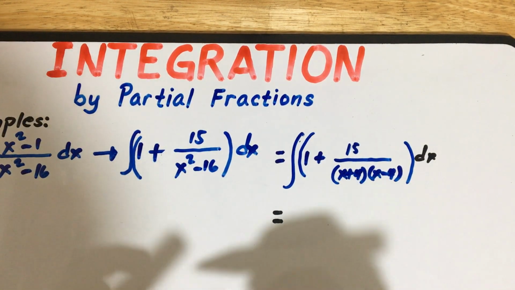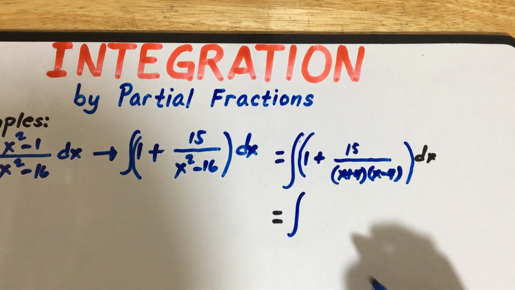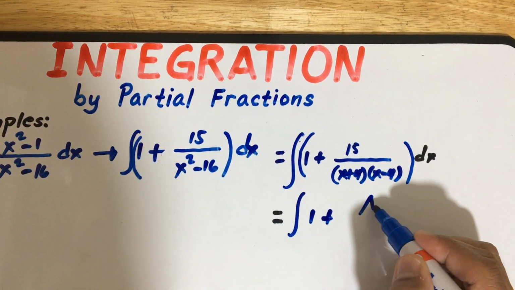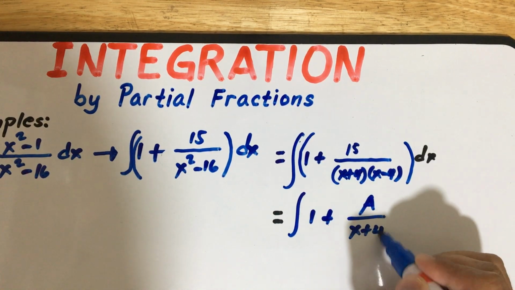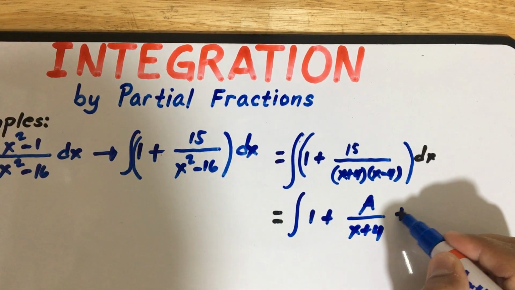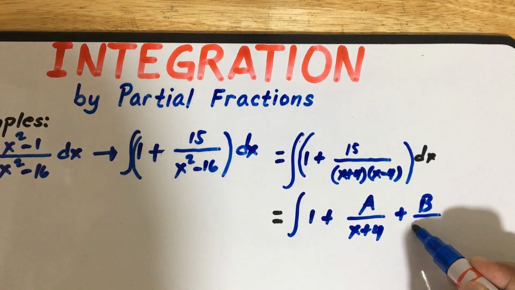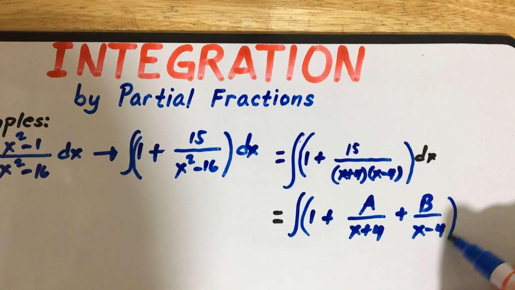So we can rewrite this now as the integral of 1 plus a divided by x plus 4, then plus b divided by x minus 4, then everything is multiplied by dx.